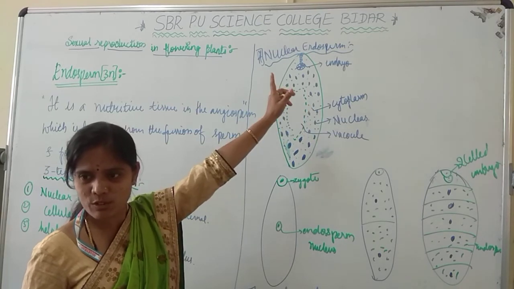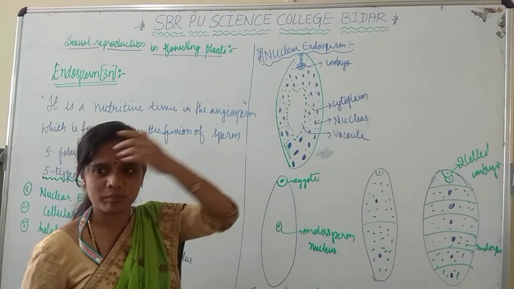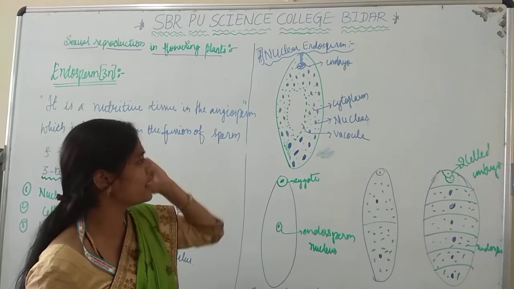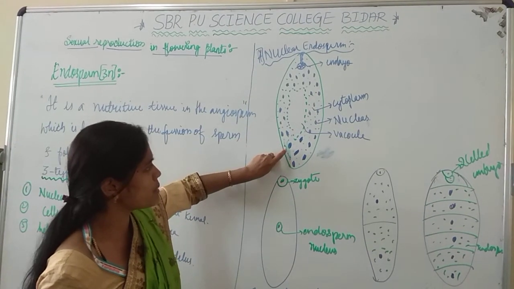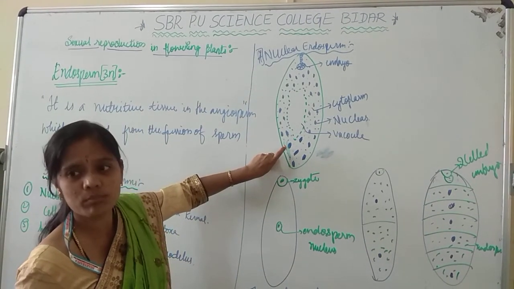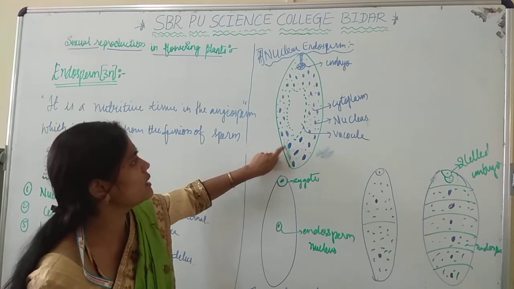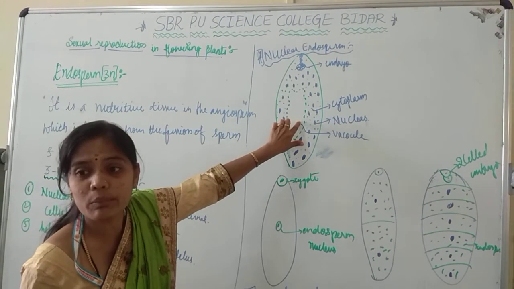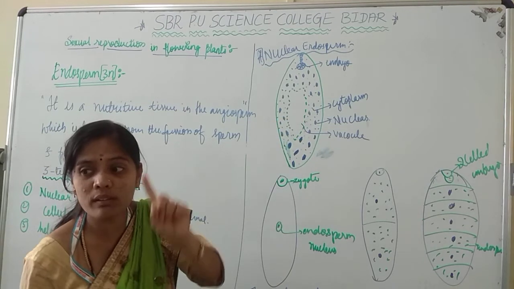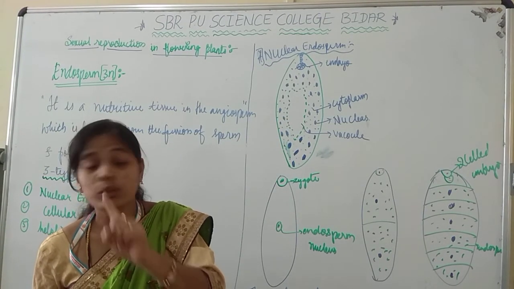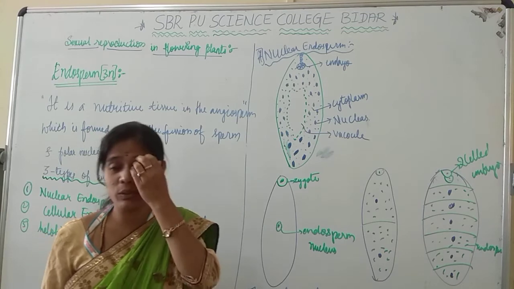In the nucellus, isn't it? So you can see here, this is a cell, that is a polar endosperm nucleus. Polar nuclei will be there, right? So this cell undergoes cell division, only nuclear division. Free nuclear division.